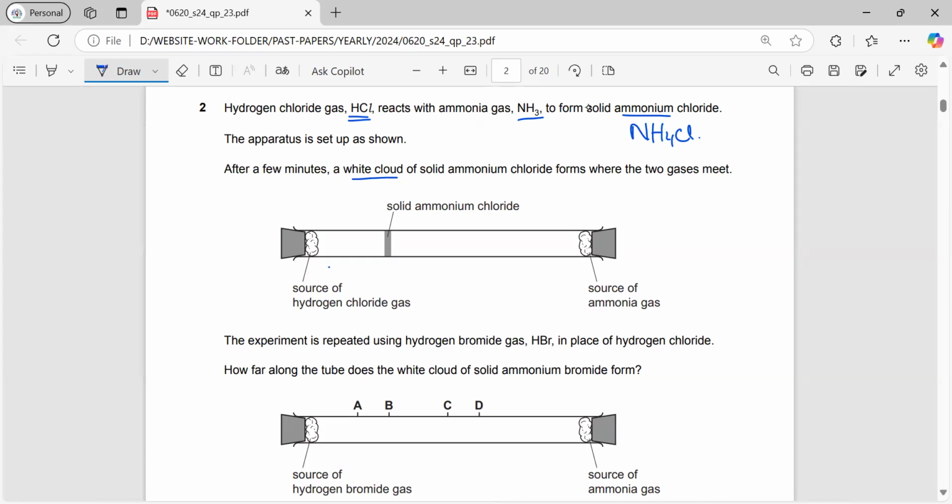So, hydrogen chloride particles are diffusing and ammonia particles are also diffusing, and they both meet at this point, which is near to HCl. The experiment is repeated using hydrogen bromide gas, HBr, in the place of hydrogen chloride.